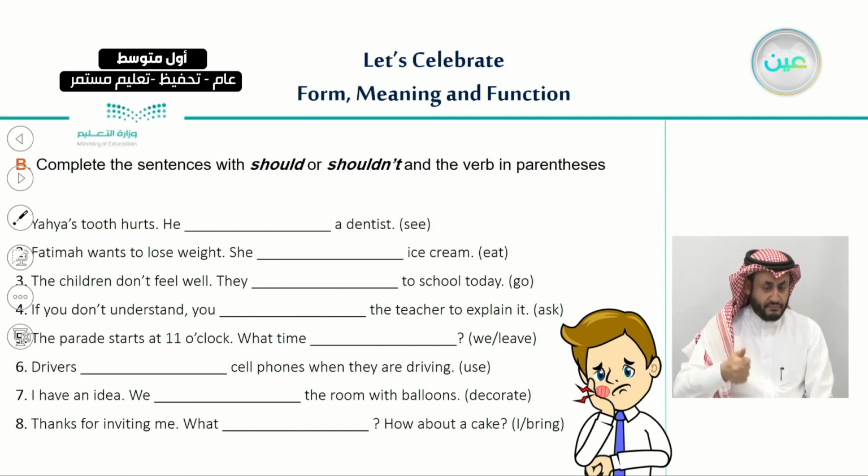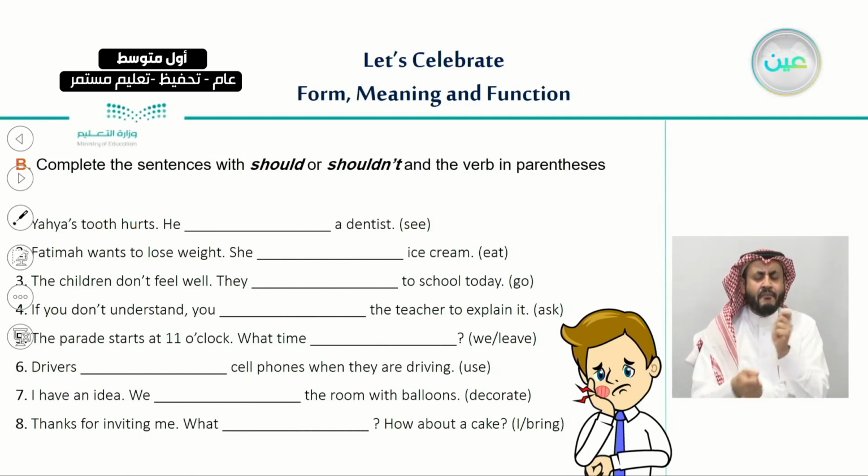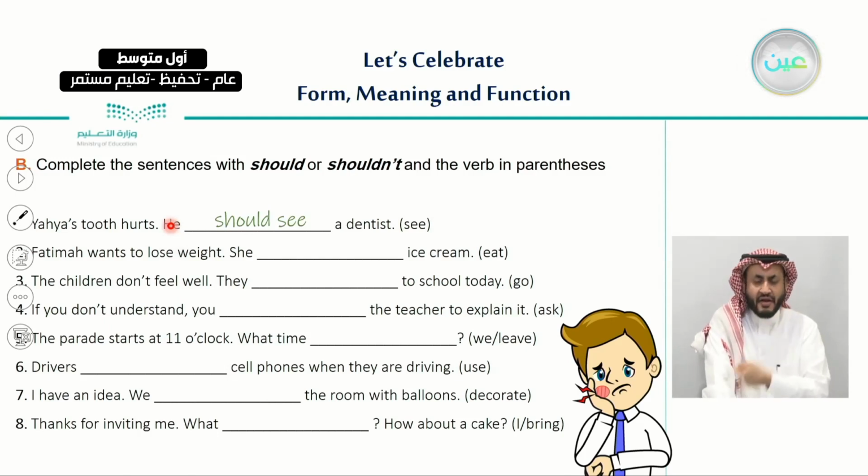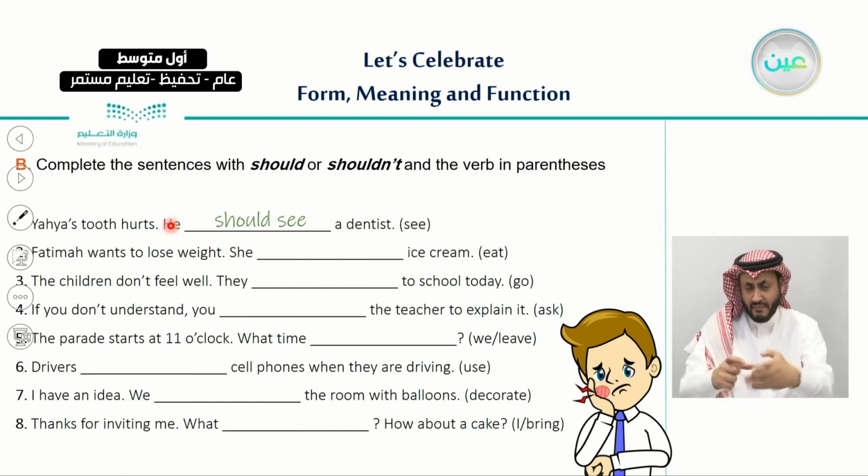What advice would you suggest to Yahya? We would say to him that he should see a dentist. Yahya should go and see a dentist because, as you can see here, his tooth hurts.